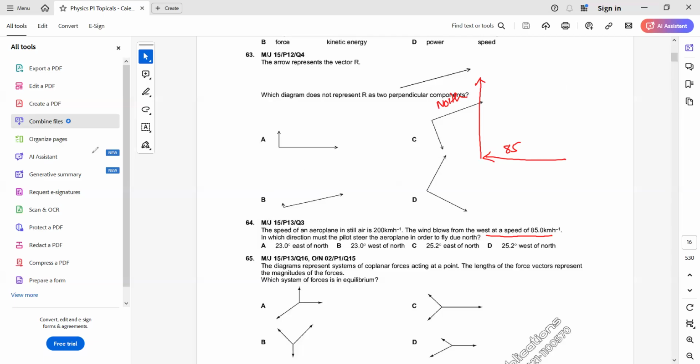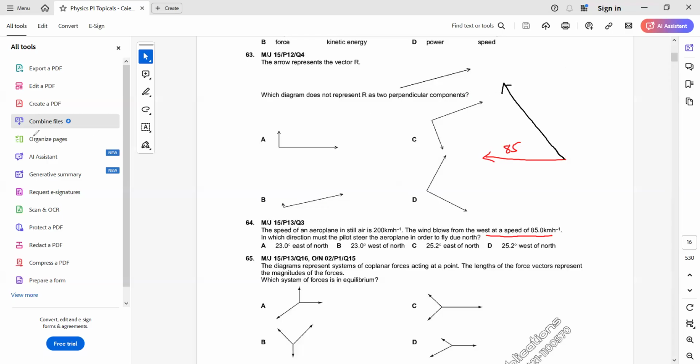So let's make this simpler. So that's the resultant. If that's the resultant, then we can just fly here somewhat like this.